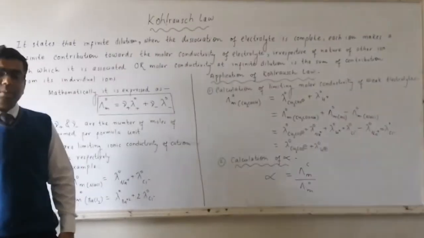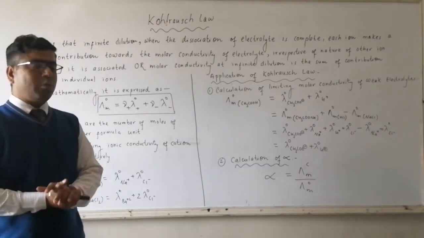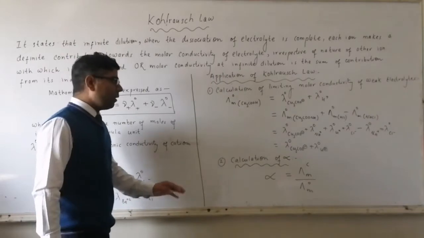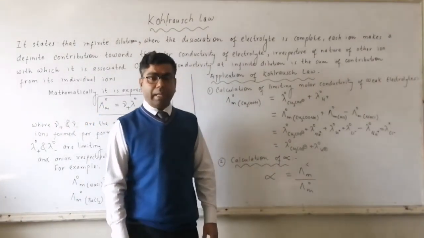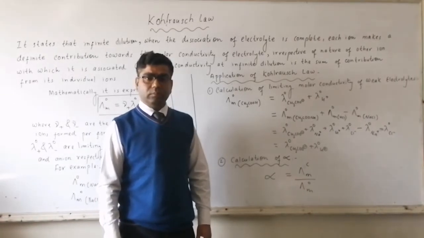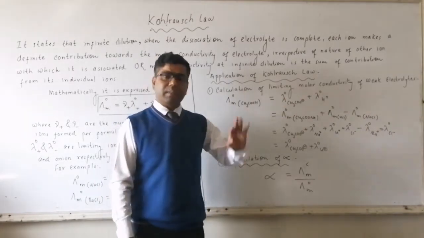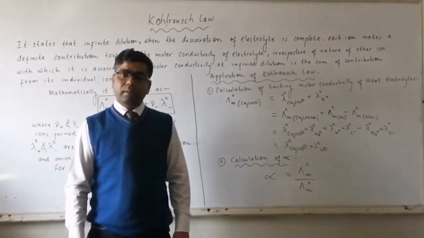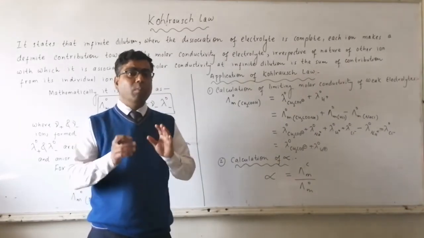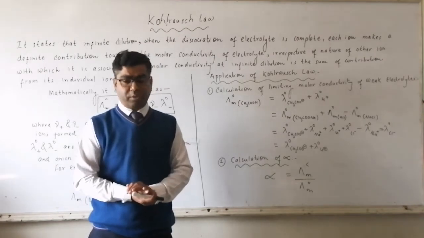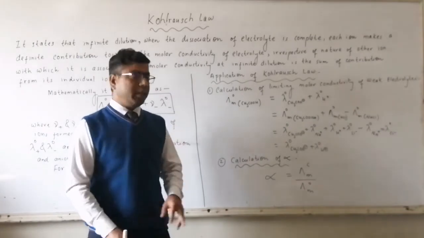Now, application. How to calculate limiting molar conductivity for a weak electrolyte? Suppose we want to calculate limiting molar conductivity for acetic acid, a weak electrolyte. Contributions will be from acetate ion and H plus ion. We cannot use that plot between molar conductivity and square root of concentration for getting the value of limiting molar conductivity for acetic acid.